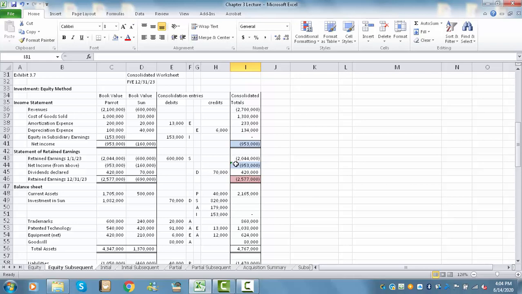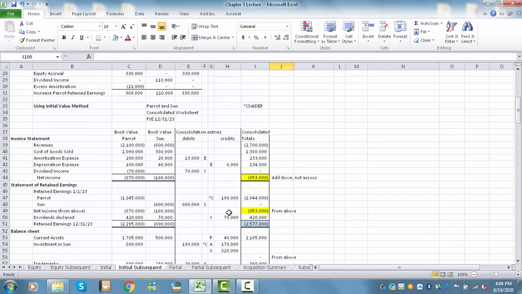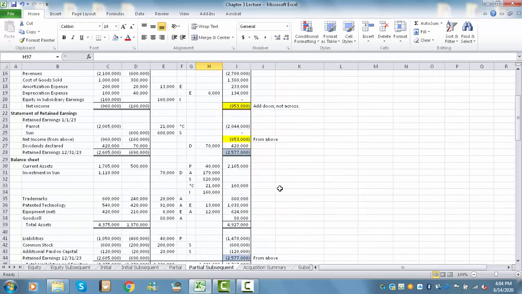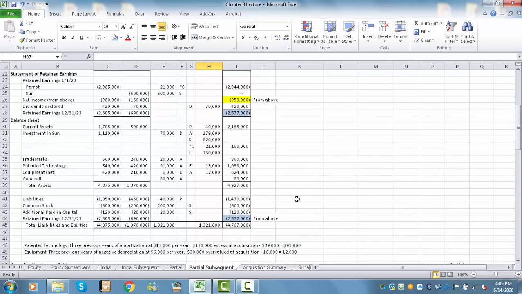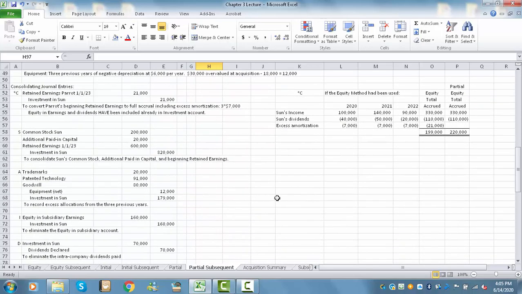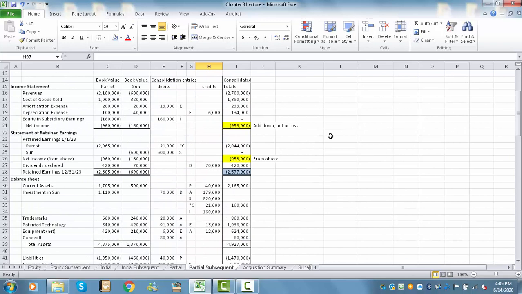So we get to the same place, $2,044,000 in the initial value method, and in the partial equity method, we get to the $2,044,000. So we come back to the same place no matter what method we use. We just have to find a creative way to get there. But our financial statements will look the same no matter which of these three methods we use.